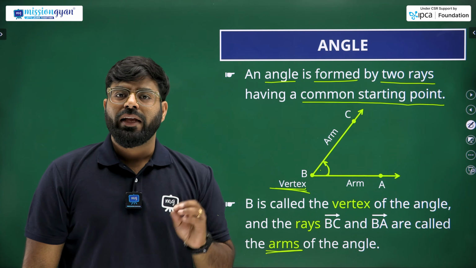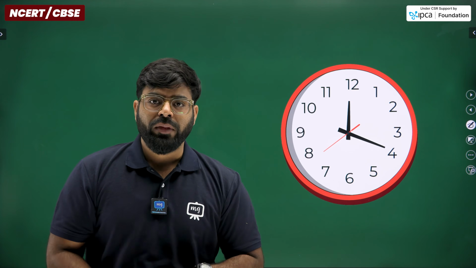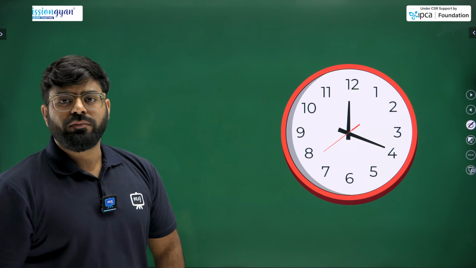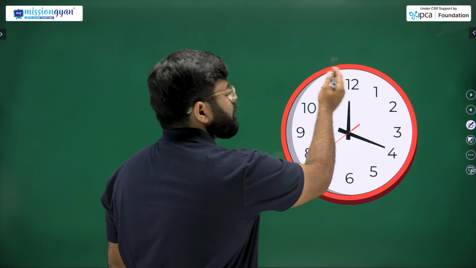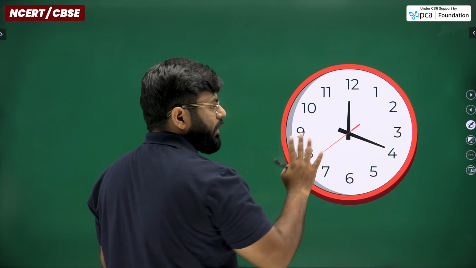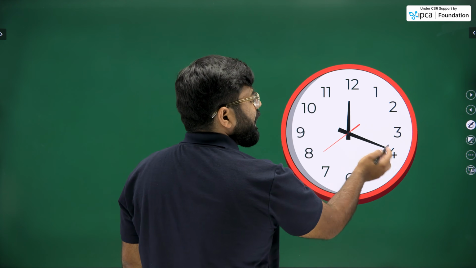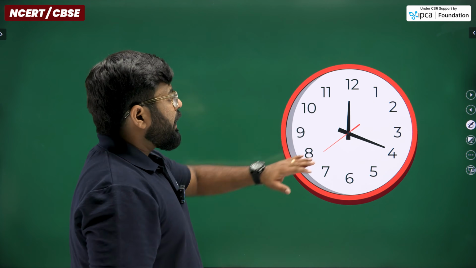Is that clear? If yes, let's find some angles in the following figures. You can see a clock on the screen. It has three hands. Let's ignore the red hand, that means the second hand, and check the hour hand and the minute hand. Can you find any angle in the figure?